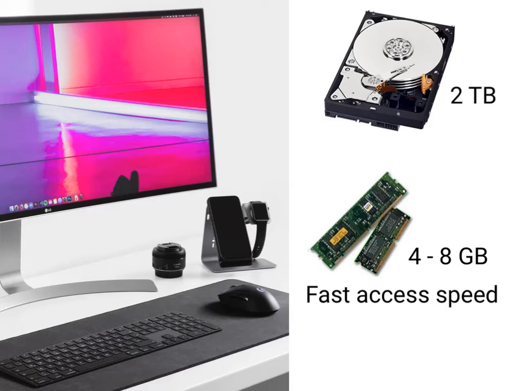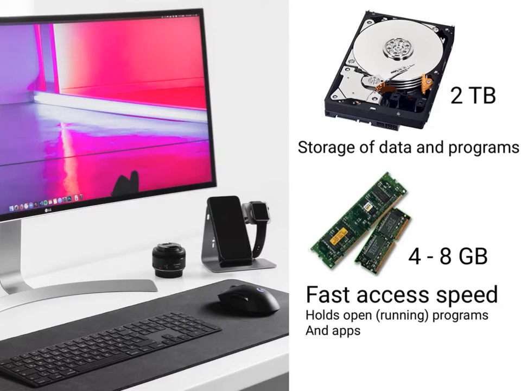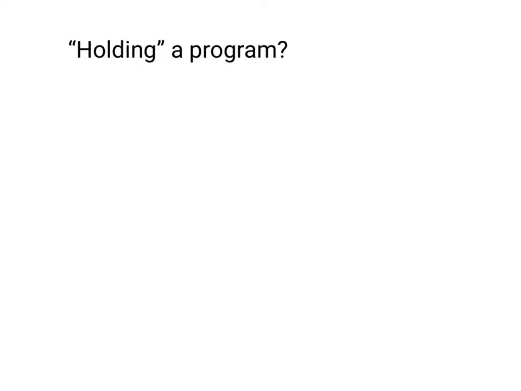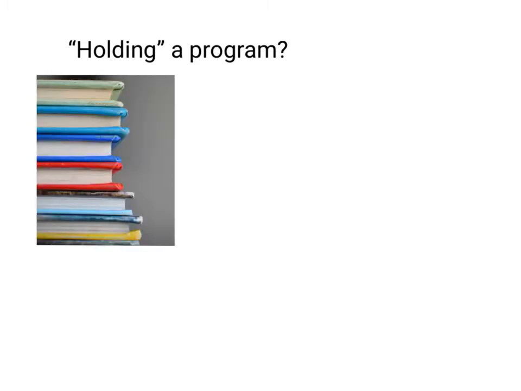Storage is very good at storing data or programs when we're not using them, like when the computer is switched off. But RAM is great for holding a program when we're actually using it. It doesn't process the program, that's the processor. It holds it. So what do I mean by hold a program or hold data? Well, it's the equivalent of me taking a book from the shelf. I've got lots of books on the shelf and they are stored right now.